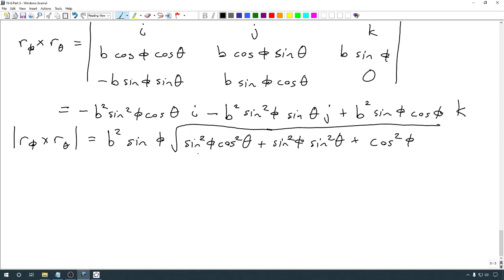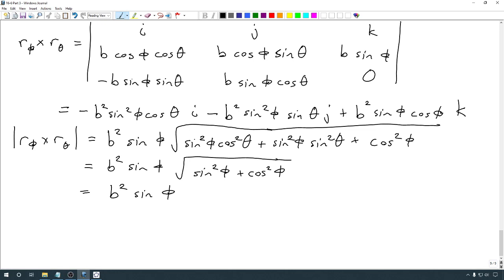Here we have sine squared phi and a sine squared phi. We can factor that out. We have cosine squared theta plus sine squared theta. That just turns into a 1. So we end up with just sine squared phi. But then we also have the cosine squared phi as well. And of course that turns into a 1 as well. So we have b squared sine phi.